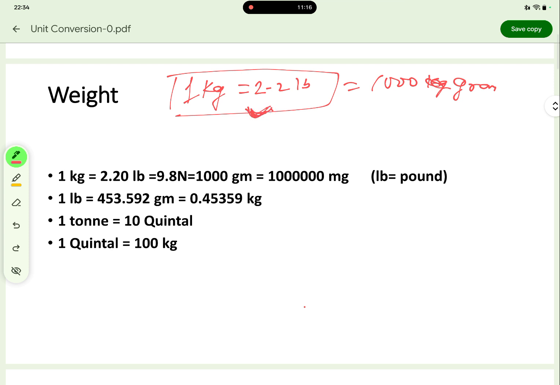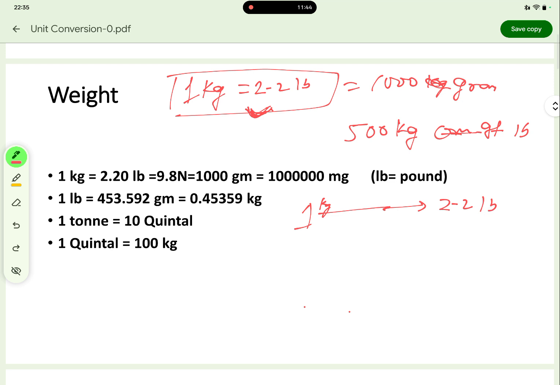Let's suppose for example you have 500 kg. Now convert this thing into the lbs, pounds. So how are we going to convert this thing into the pounds? Simple relation, you need to remember the relation 1 kg is equal to 2.2 lbs, right?